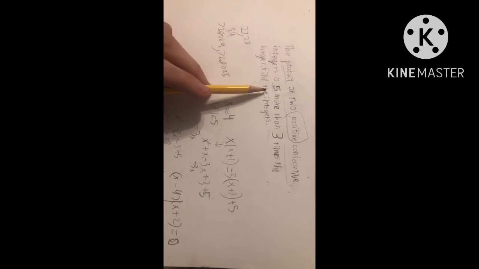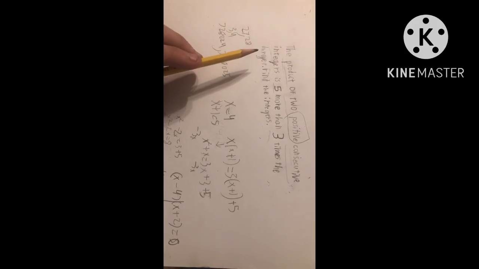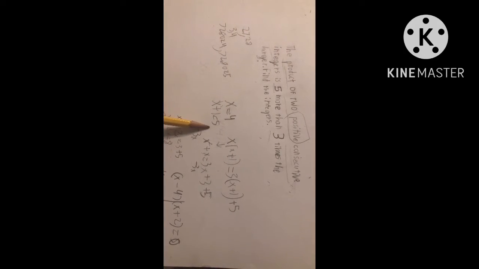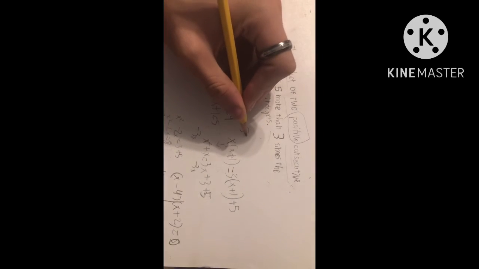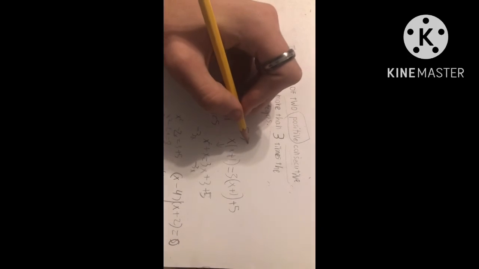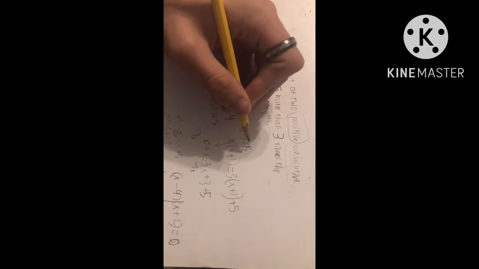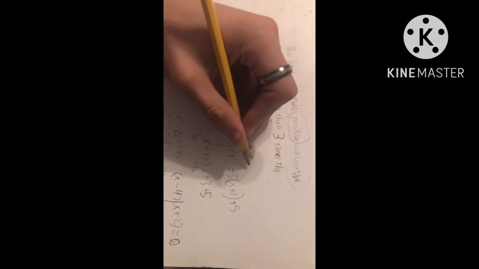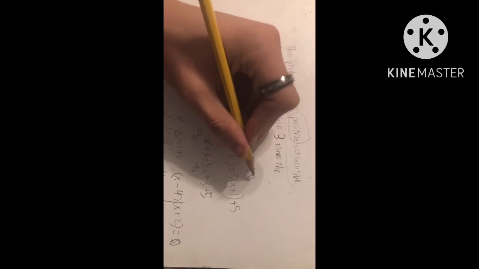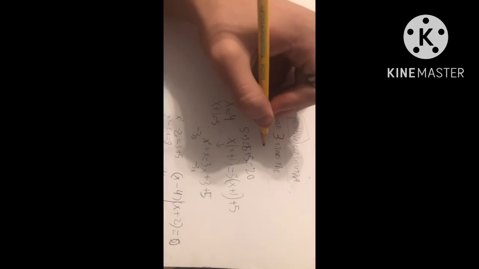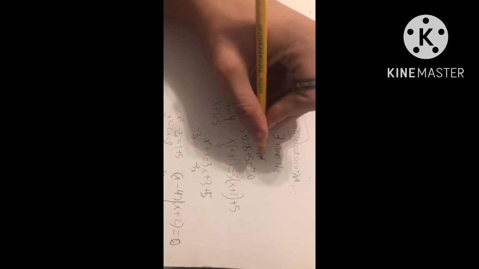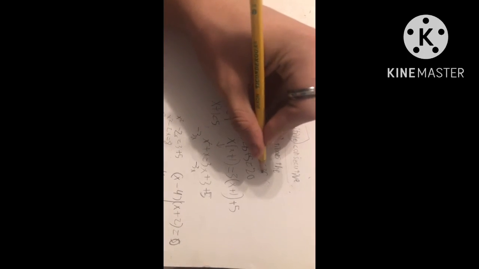And that checks out with this, because the larger number, which is 5, times 3, 5 times 3 equals 15, plus 5 equals 20, which just so happens to be 4 times 5.